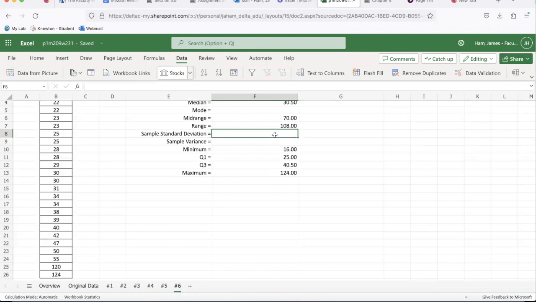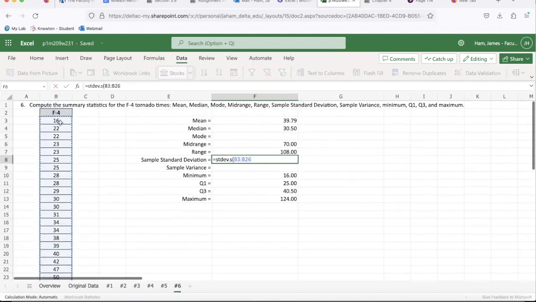Yeah, and so for the standard deviation, let's just start typing in STDEV, I think is what it is. Now, at this point, you can give the sample standard deviation, or you can give the population standard deviation .p. And again, it's just a standard deviation of a single set of data, so all you have to do is select that data. Don't select the F4.